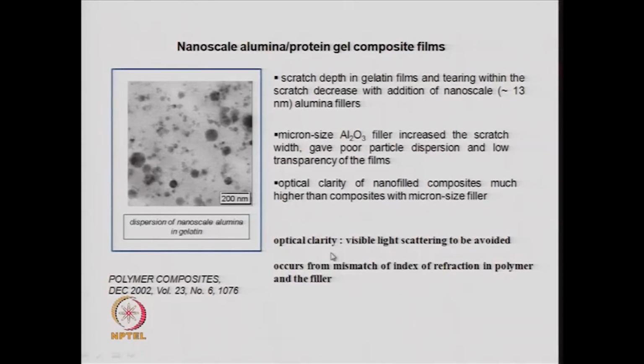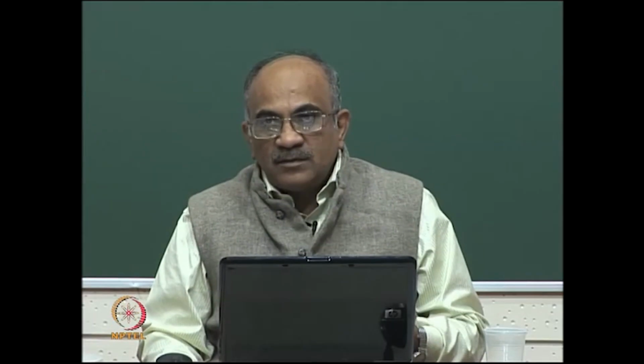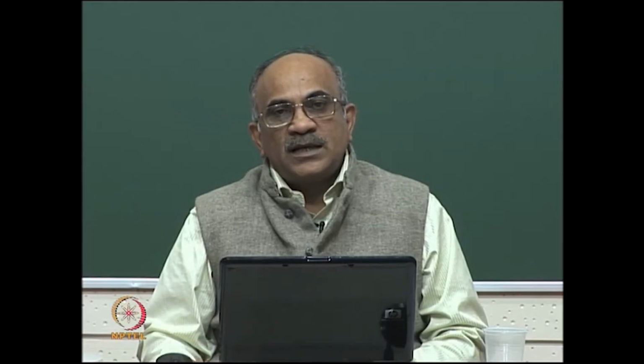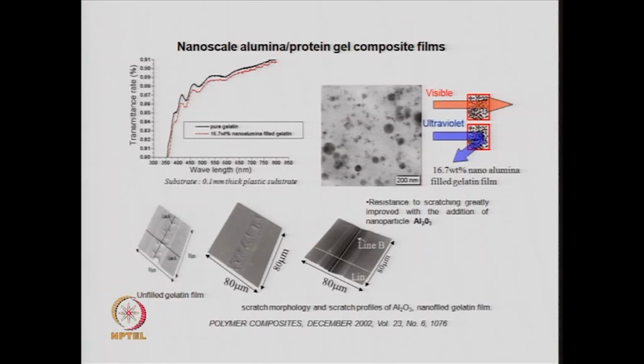So, this is one example of how you can improve a property, and here it is the optical property of the film along with the scratch resistance of the film, which has been improved using alumina nanoparticles. This is the measurement to show the optical property, the transmittance.